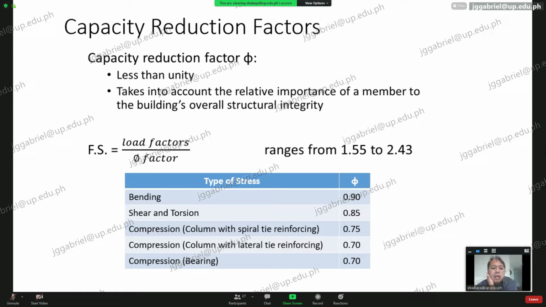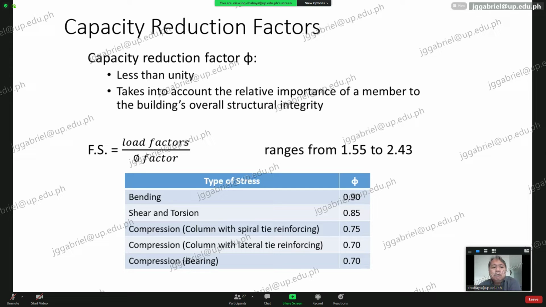Now, what we do here, if I may describe it, we intensify the load that we deem your structure will be subjected to. You multiply by 1.4 for dead loads, 1.7 for live loads. So you intensify it.